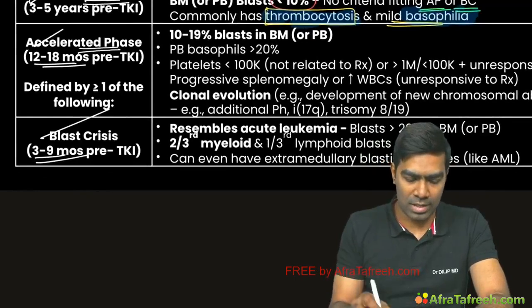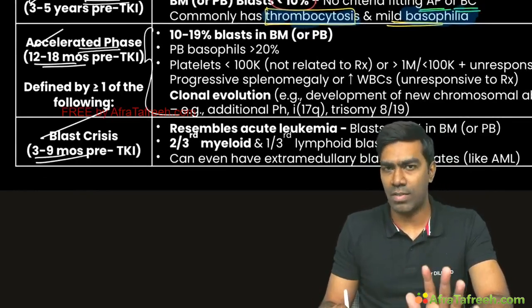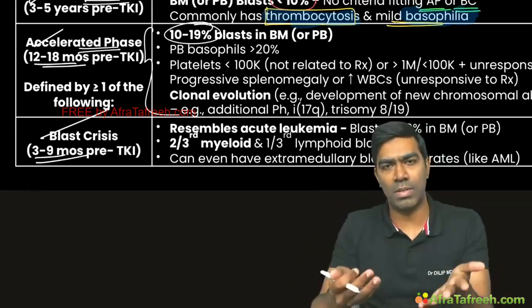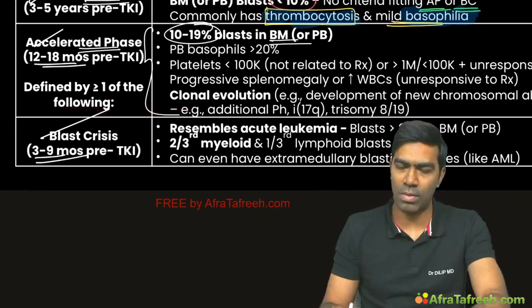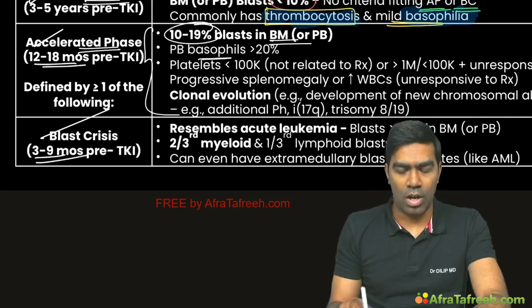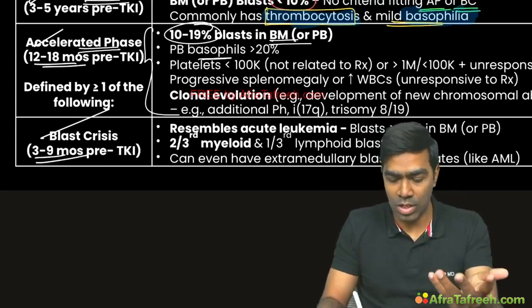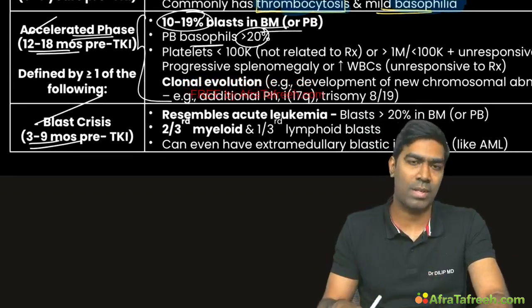And what do you mean by accelerated phase? If you have any one of these, you can call it accelerated phase. For example, the proportion of blasts being more than 10% but less than 20%, that is 10 to 19%, in the bone marrow and/or in the peripheral blood. Or if the basophil count in the peripheral blood is more than 20%, which means the differential count with regards to basophils is more than 20.